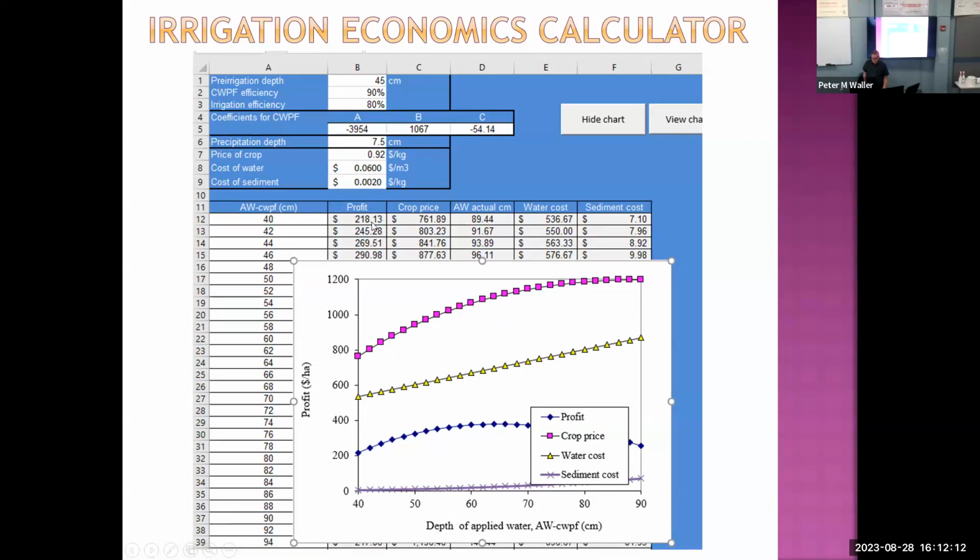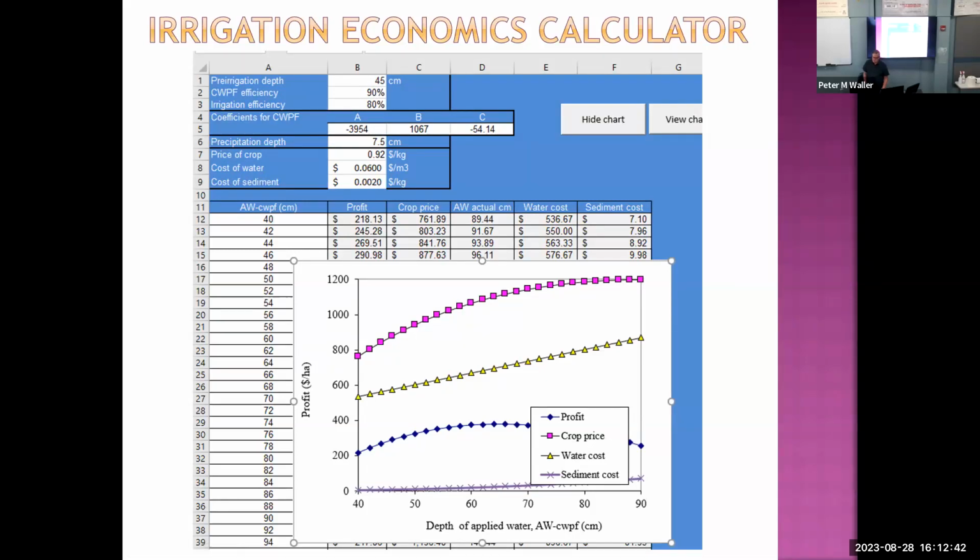So the profit is just calculated as the crop price minus the water cost minus the sediment cost. And you can see that I have the Grimes and Elzick parameters in here, but you could put some other crop water production function in there. I have precipitation depth, price of the crop, cost of water, cost of sediment, irrigation efficiency.